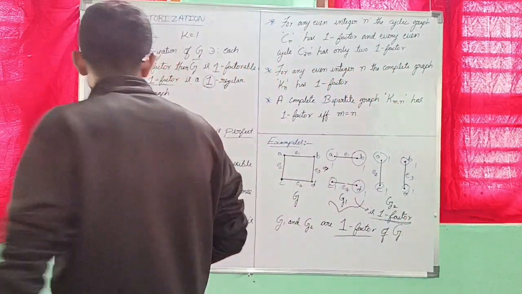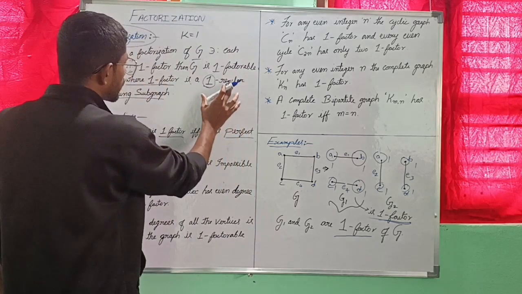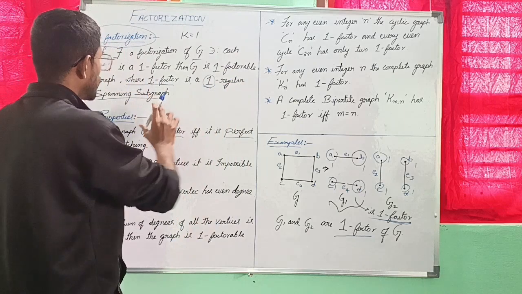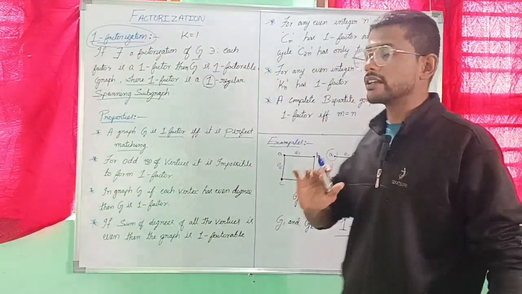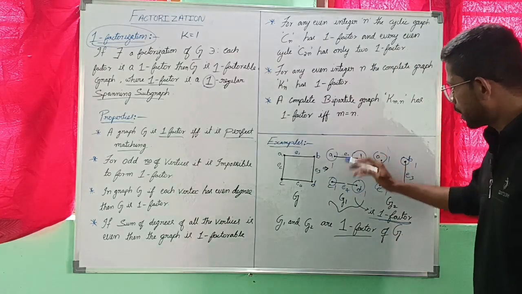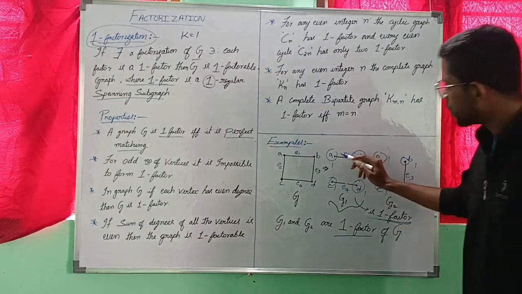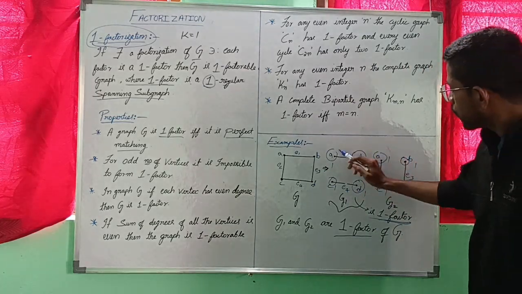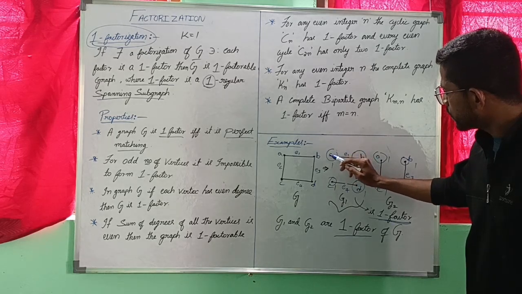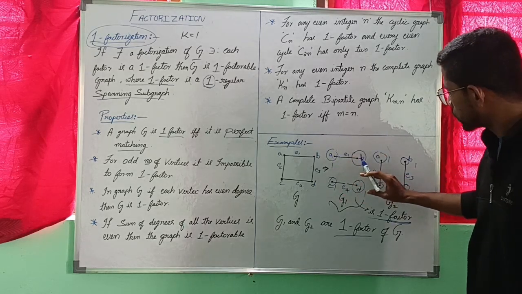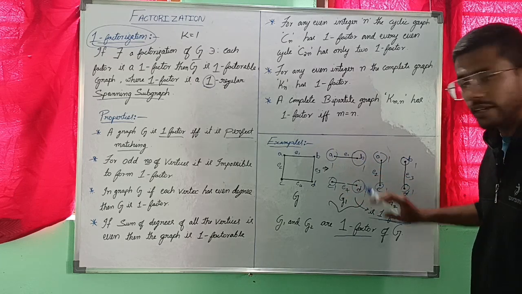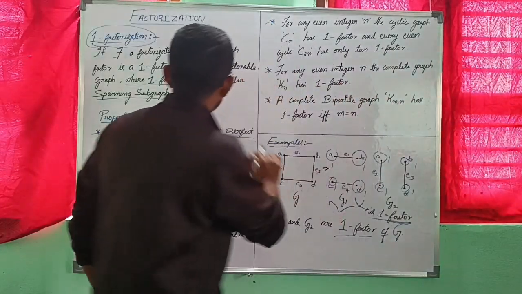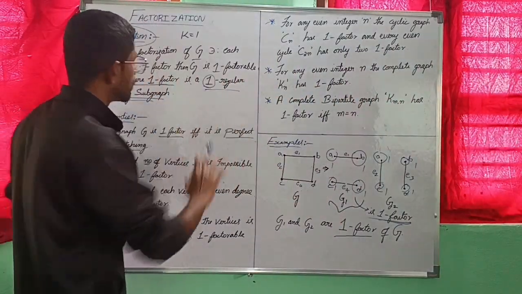So here they are telling about a one regular spanning subgraph, where a one factor is a one regular spanning subgraph. Considering this, this is a spanning subgraph, right? What is the degree of vertex A? 1. What is the degree of vertices B, C and D? It is also 1. So this is a one regular spanning subgraph.